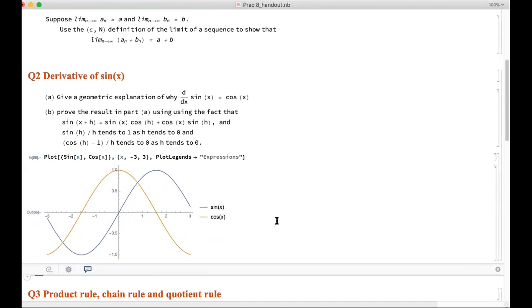Okay, so that's a plot of sin x and cos x. Okay, can you tell me why the derivative of sine x is cos x?